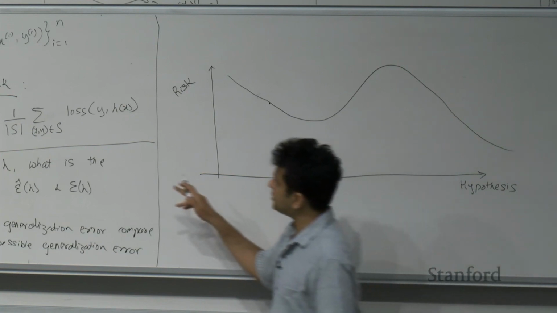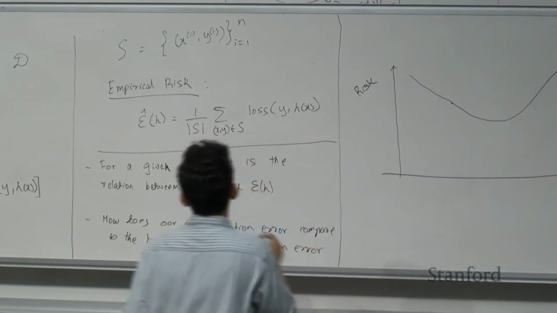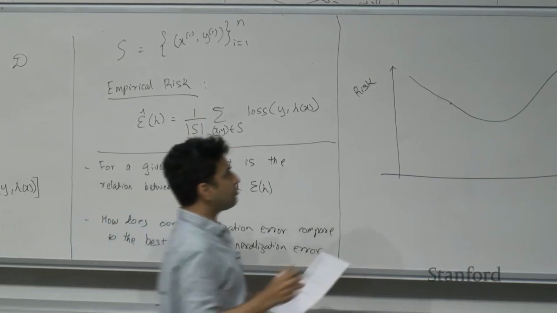What we instead have is a finite sample S, and from this S we can construct the empirical risk, and the empirical risk might look something like this.